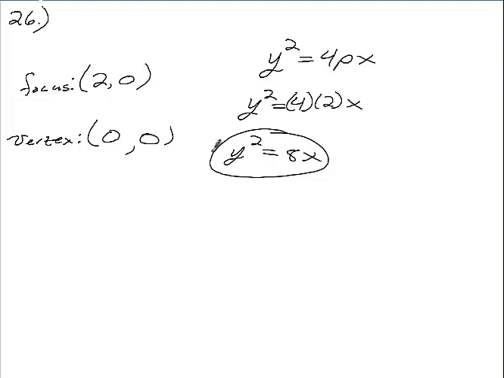Everybody good? Yes? No? Maybe? So every section is you're going to be having to do this kind of analyzation where they give you either a picture or a characteristic and they want you to find the other stuff. Okay? Everybody good? Yeah? No? I don't know? All right. So that's 26 and 42.